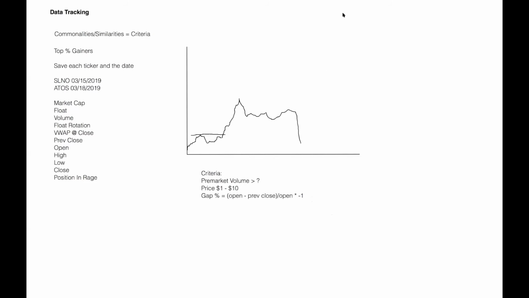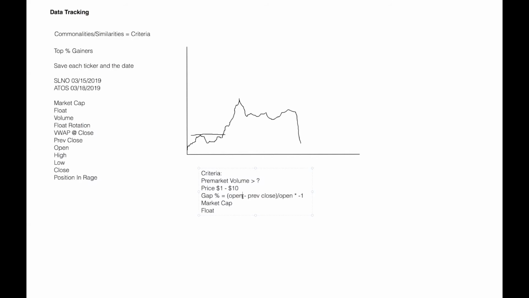And then you go ahead and you take a look at it and you go, well, in fact, the market cap seems to be something that is key here. And the float seems to be something that is key here. And now what you have is a big list of data. You have market cap, float, gap percentage, which is this formula right here, okay?